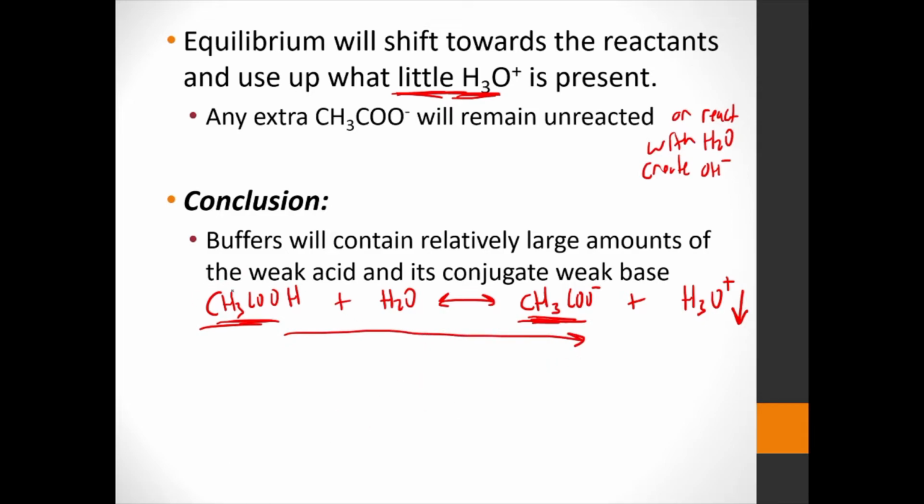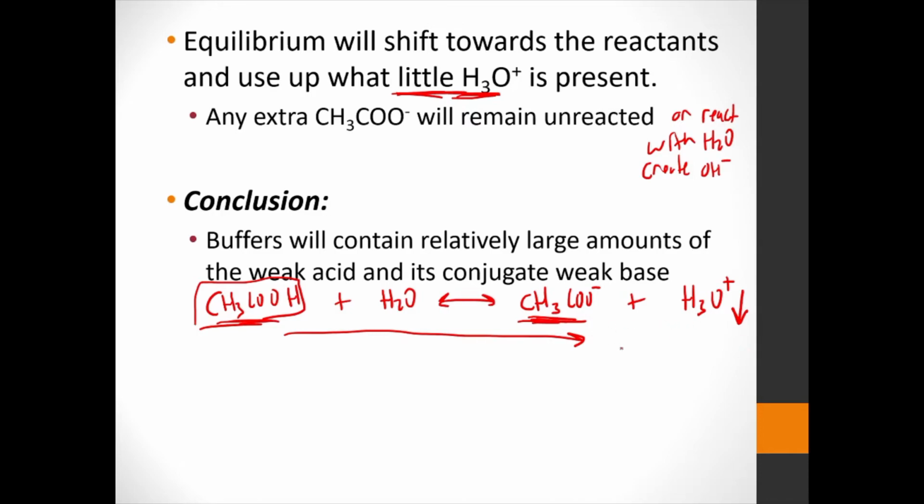But because I have large amounts of this and large amounts of this, the shift in equilibrium can go on for quite a while until I run out of the conjugate weak acid.